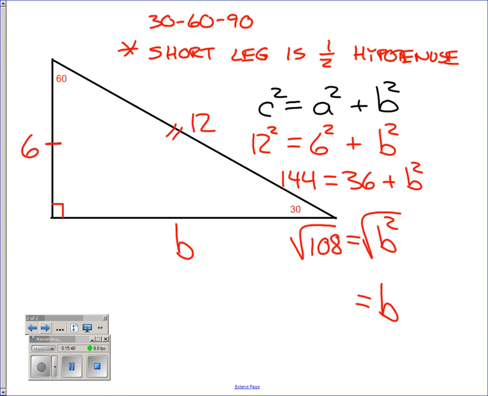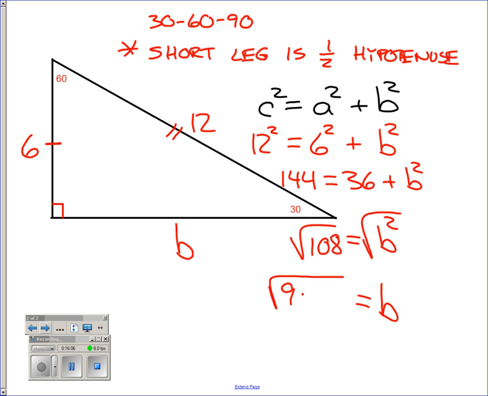Now, what we've got to do to write this in simplest radical form is to find any perfect squares of that 108. Well, the 108 has a factor of 9 because the sum of the digits 1, 0, and 8 is 9, right? So 9 goes into it. 9 is a perfect square. Well, 9 times what?